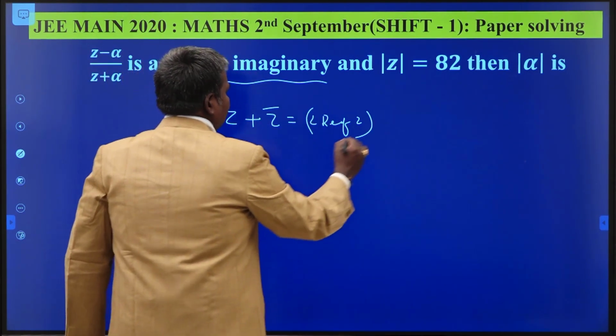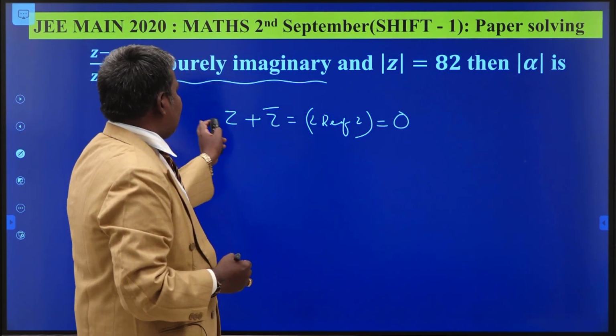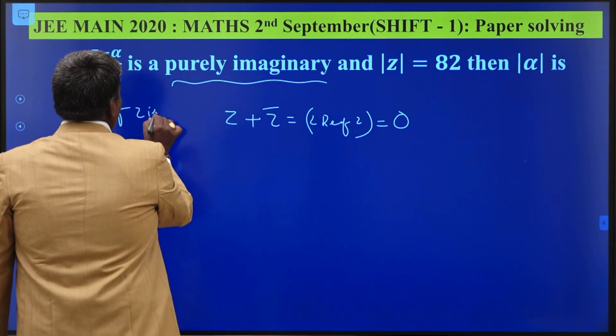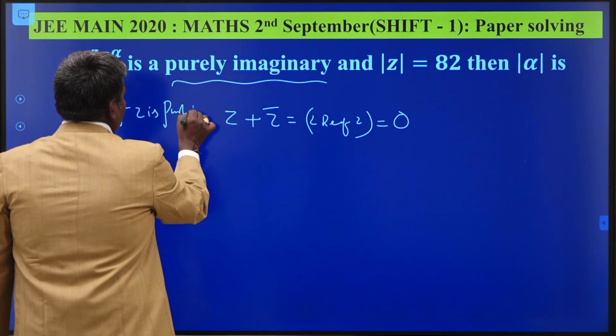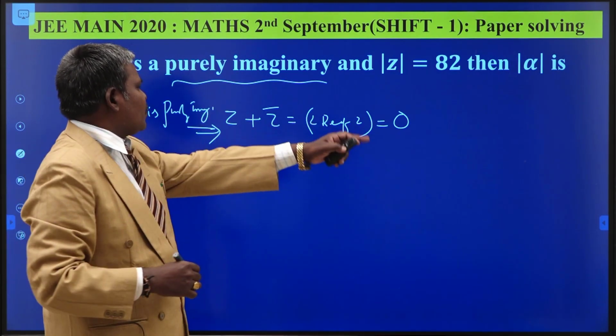When it is purely imaginary, what is its value? This becomes 0. So, you may remember the condition: if some complex number z is purely imaginary, it implies z + z̄ is equal to 0.